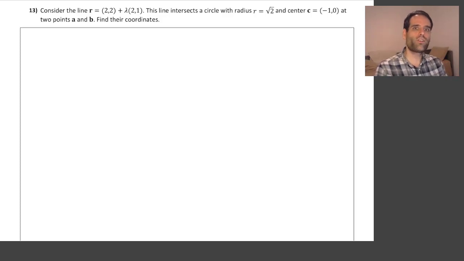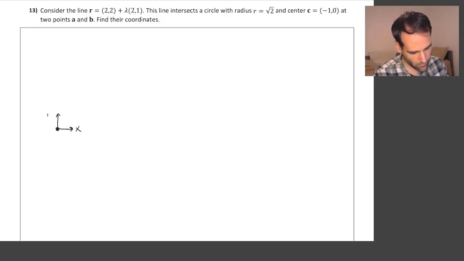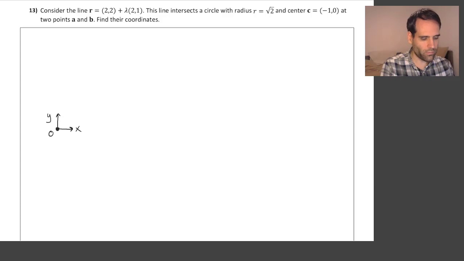So let's start by drawing the origin in this two-dimensional problem. So let's say that the origin is here, and I'm going to draw the two axes, x and y. So this is our origin point. Now we have a line which is equal to (2, 2) plus lambda (2, 1). So we can say that this line is a point r0 plus lambda times a vector v.